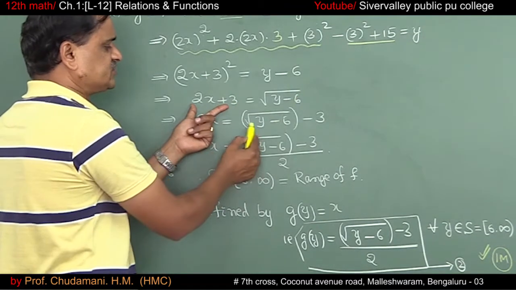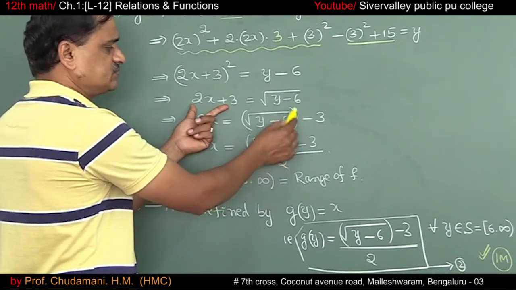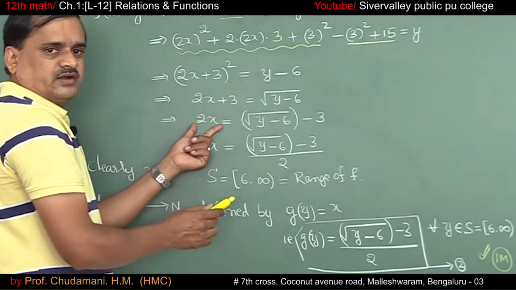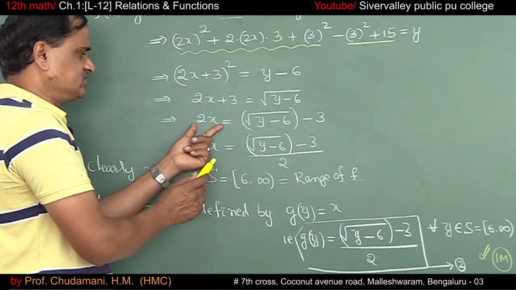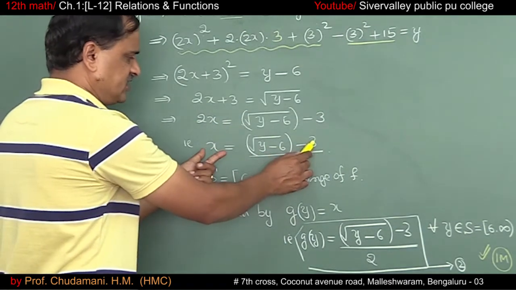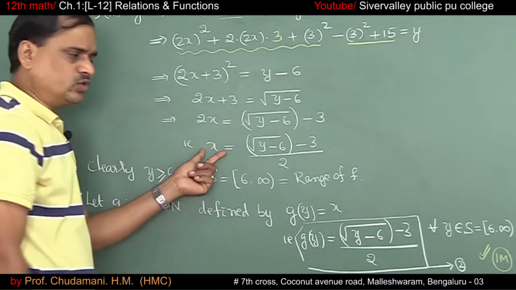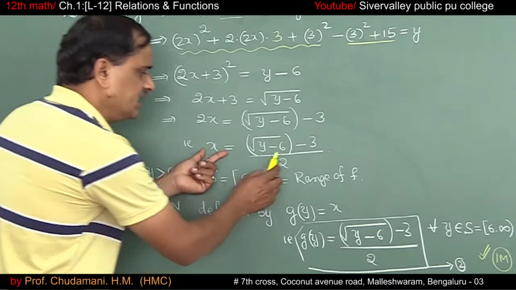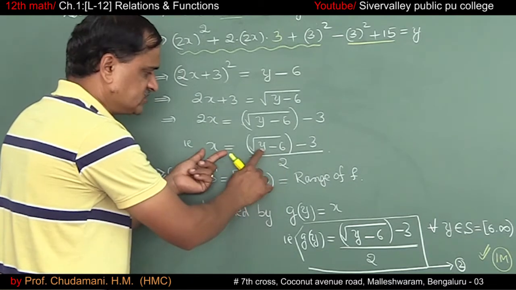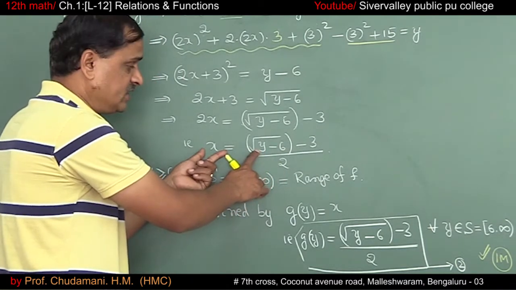Shift 3 to the other side, root of y minus 6, put a bracket, minus 3. So 2x is equal to this, which means x is equal to root of y minus 6 minus 3 divided by 2. Clearly, see this should not be imaginary, right? This should not be negative.